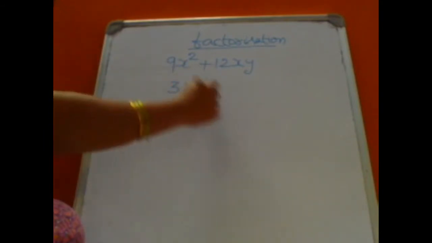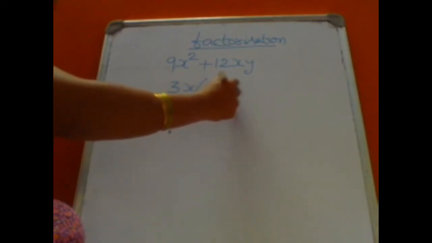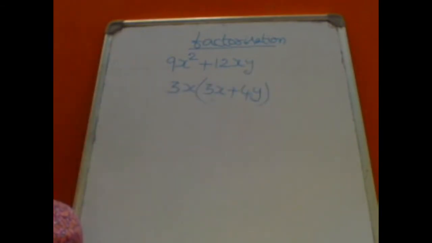Now we can write it as a product. We will write 3x, and then we will write 3x plus 4y. So we have taken 3x as the common factor and 3x plus 4y as another factor.